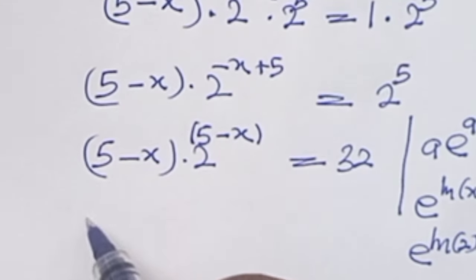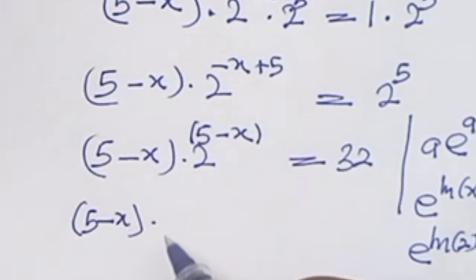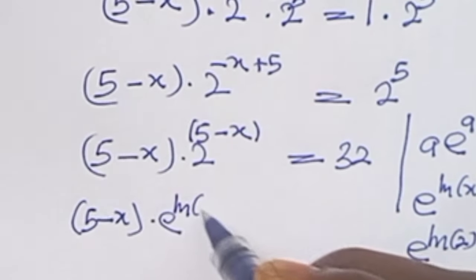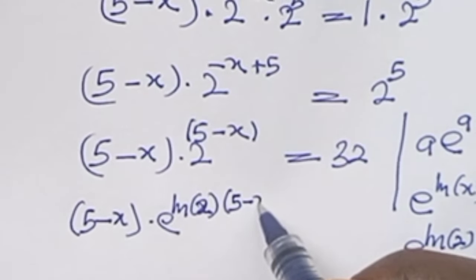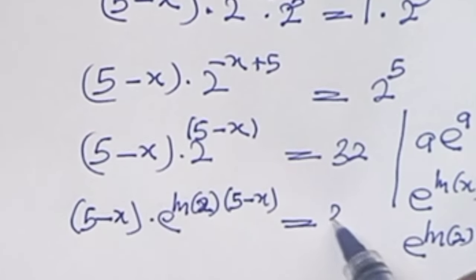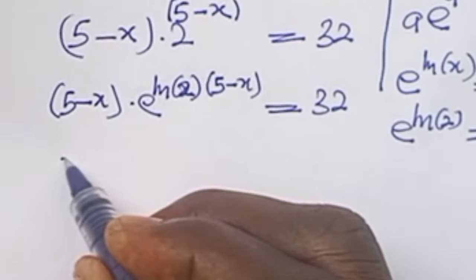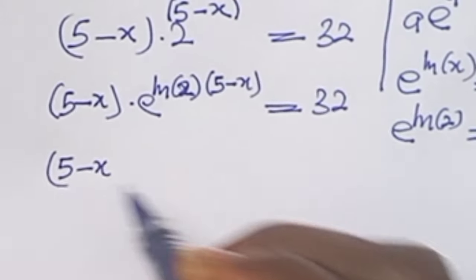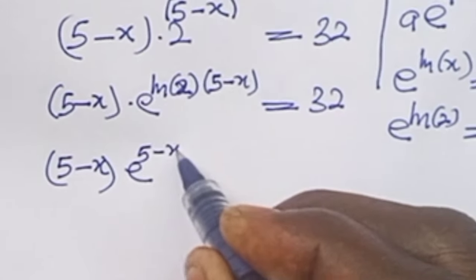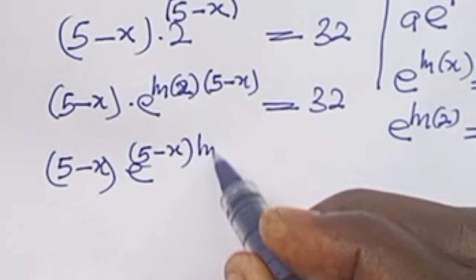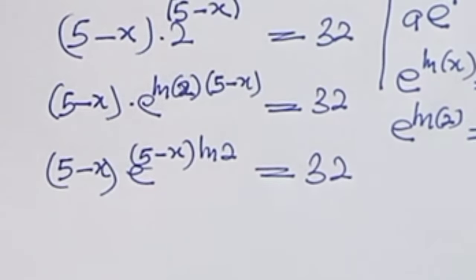So that our next line becomes 5 minus x times exponential ln of 2 to the power of 5 minus x all equal to 32. And we can write this as 5 minus x in bracket exponent 5 minus x ln 2 equals to 32.